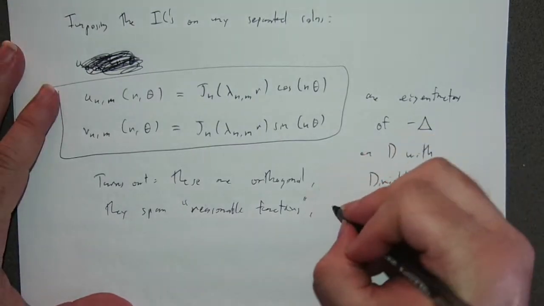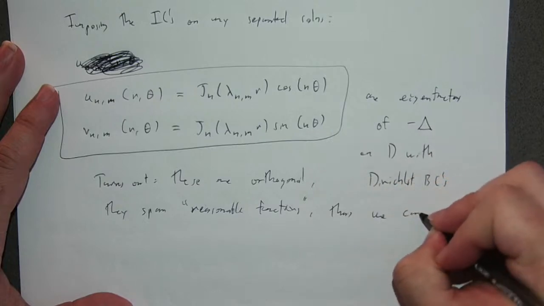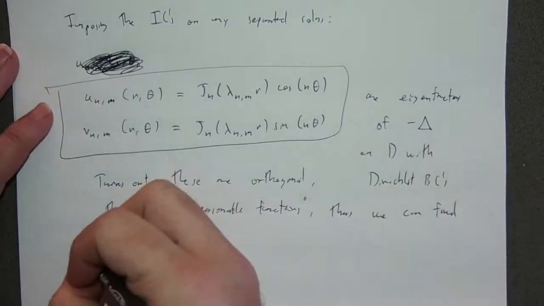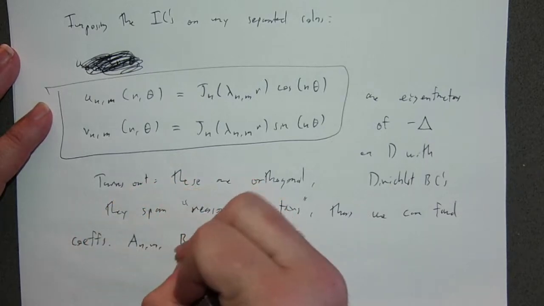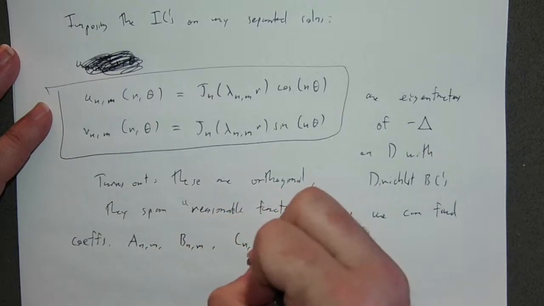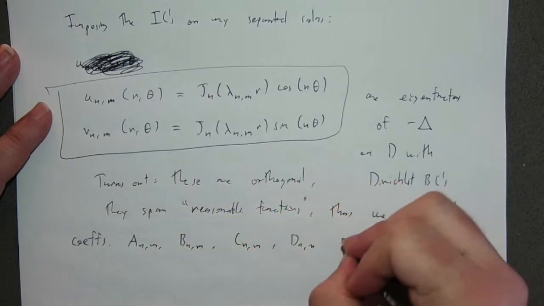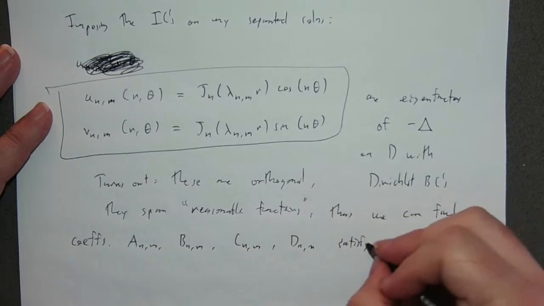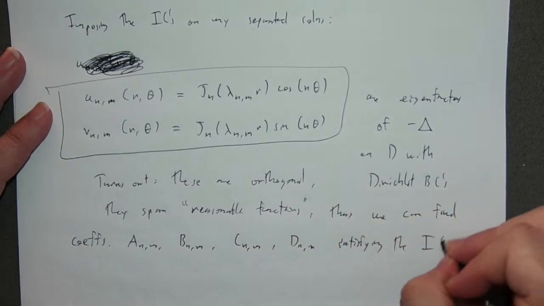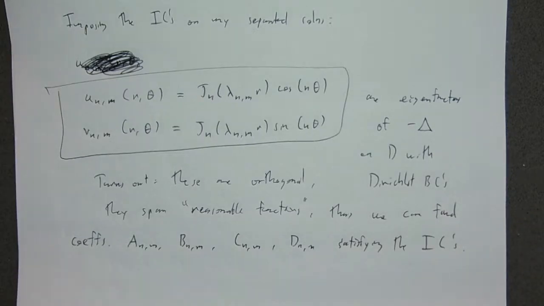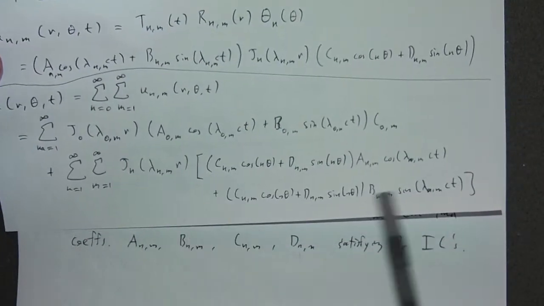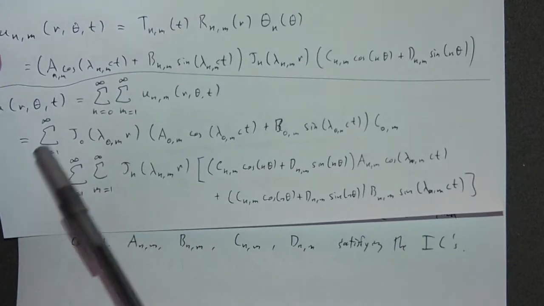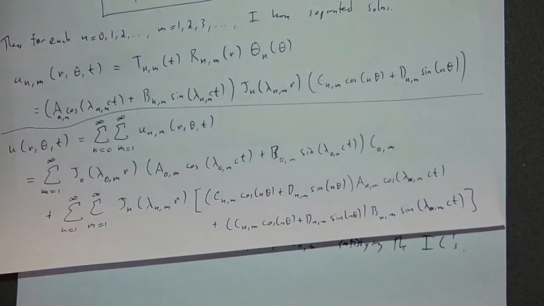Thus, we can find coefficients a_nm, b_nm, c_nm, d_nm satisfying the initial conditions. And so that is the solution. This massive gargantuan thing in terms of these Bessel functions, right, gives me the solution to this 2D wave equation.